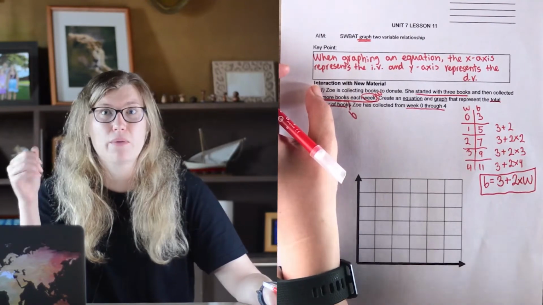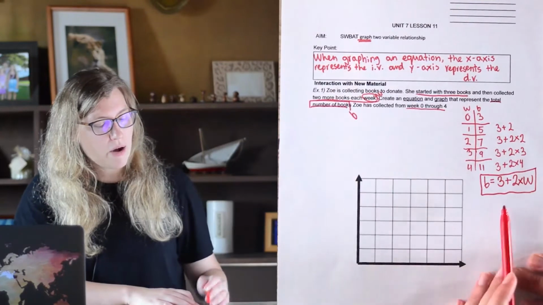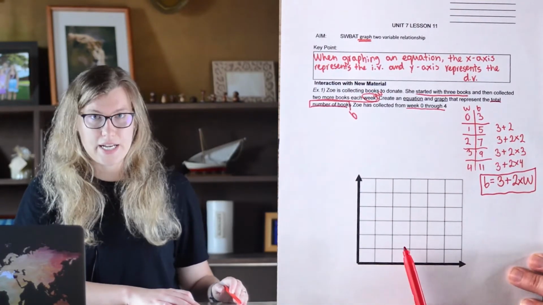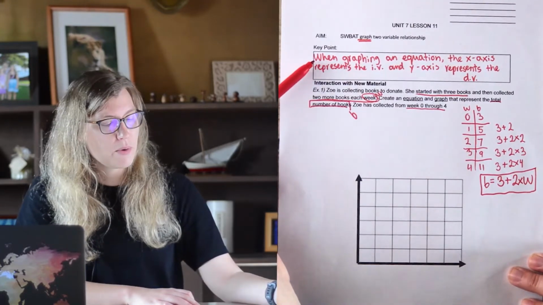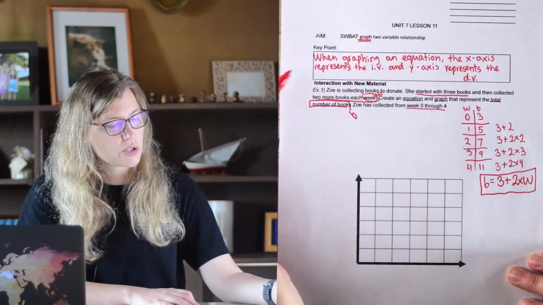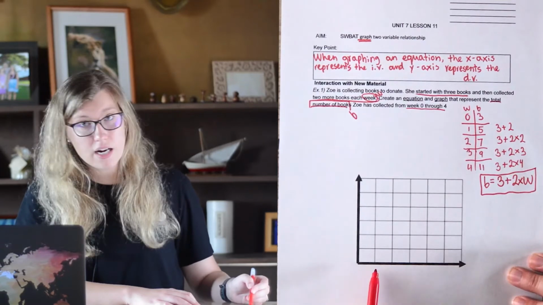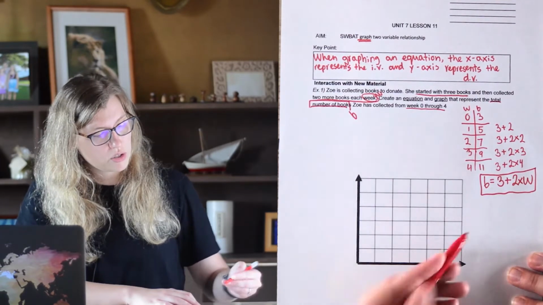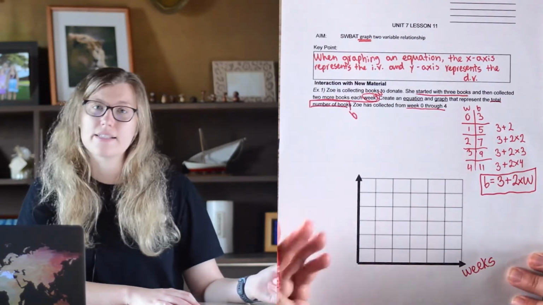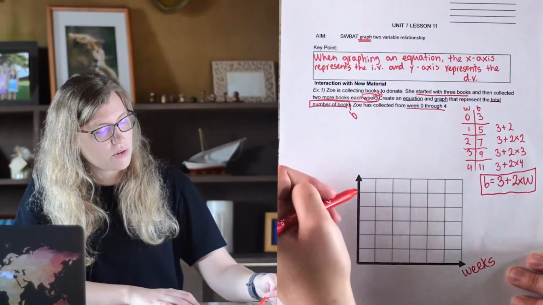Now for the exciting part on what you're really going to be tested on today, graphing. So how am I going to graph this onto this graph right here? Well, my key point said that my x-axis is going to be my independent variable. Which one was my independent? Well, my weeks. So this x-axis right here, my horizontal line, is going to be my weeks. I'm not going to write x. It actually represents something new this time. It's going to be weeks. So what is my y-axis going to be?